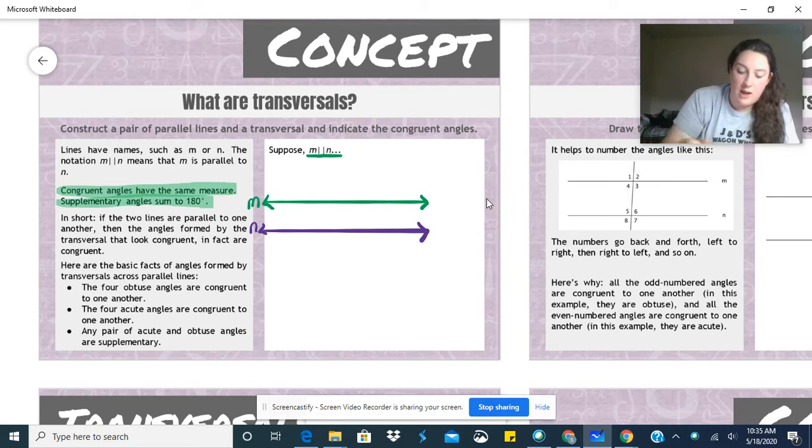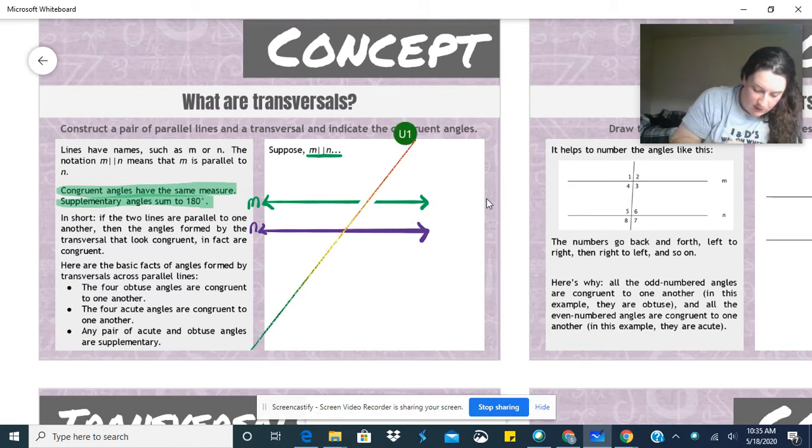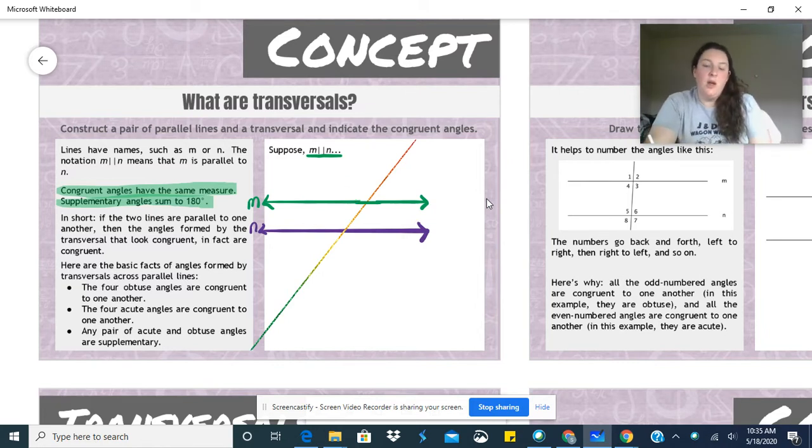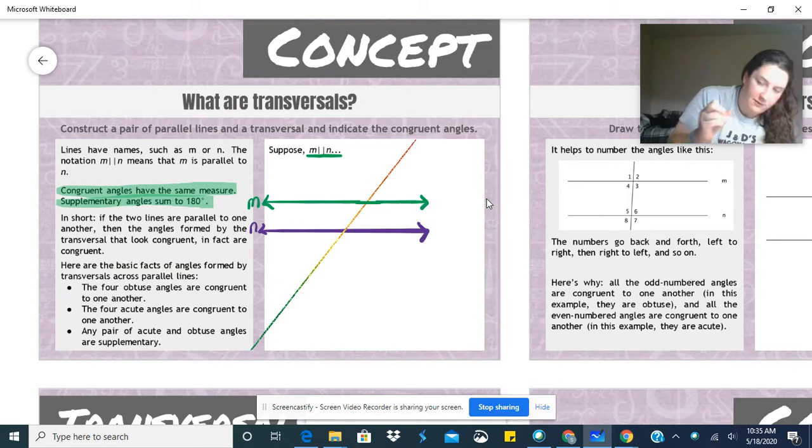Okay, so I am going to quickly show you again which angles are the congruent angles. There's my lines, right? Your congruent angles we'll do in different colors this time.